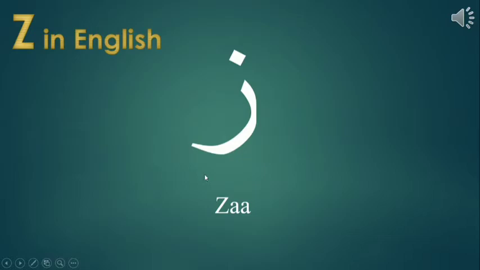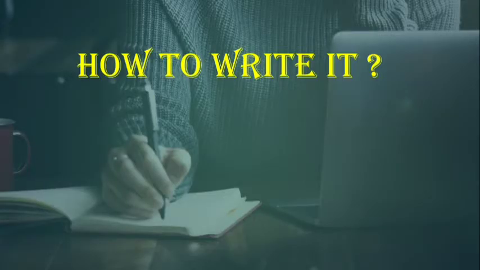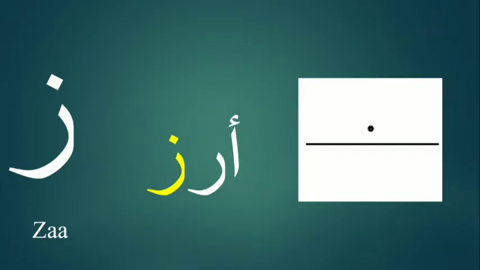It's pronounced like za, za, without make our tongue out of our mouth. So it is like za, z. How can we write it? Like the previous one, ra, but we put a dot above it like this.